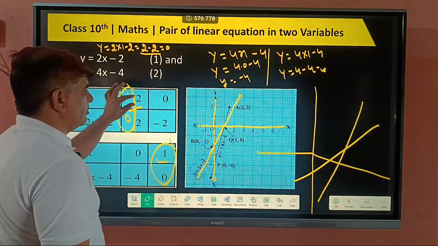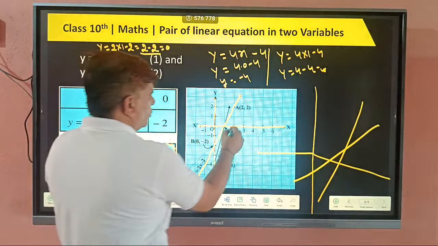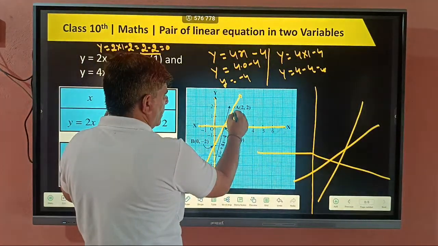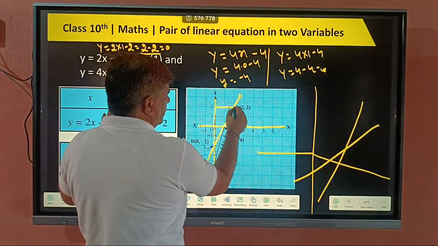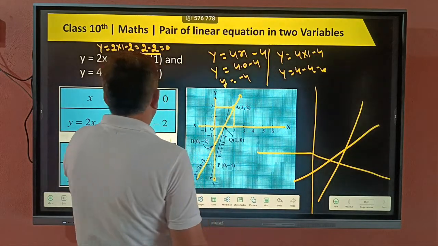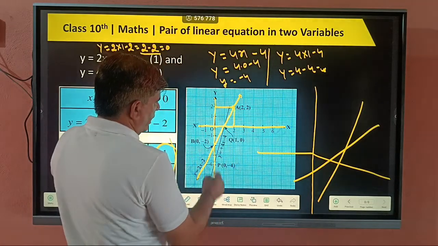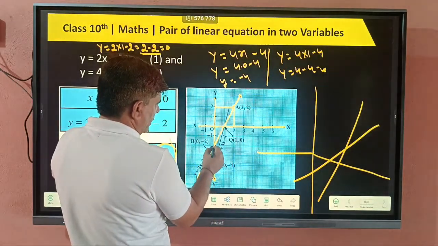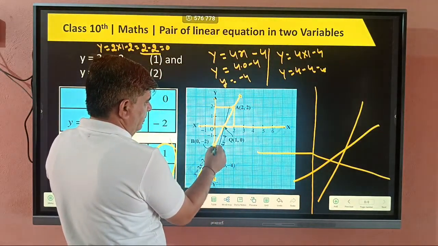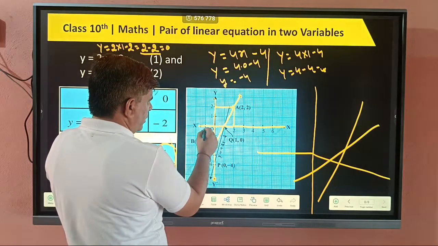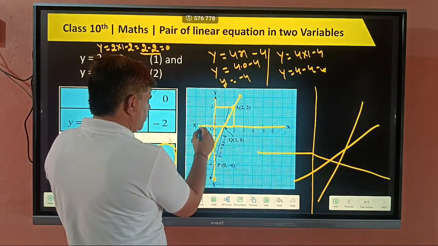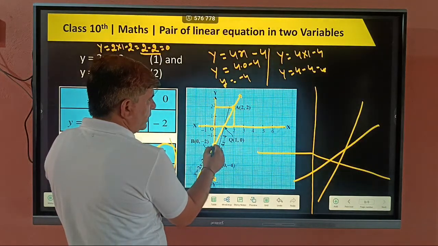So when x equal to 2, y equal to 2, this comes here at this point. Then x equal to 0, y equal to minus 2. x equal to 0 is where on the y-axis? So this is this point, x equal to 0 and y equal to minus 2, cutting at this point.